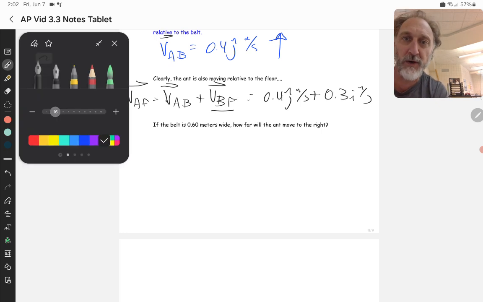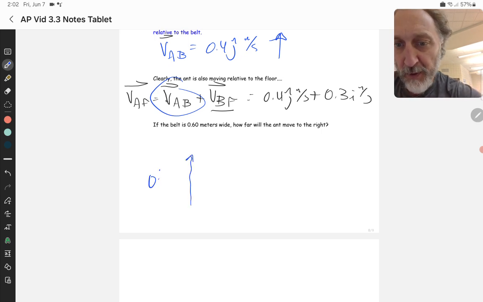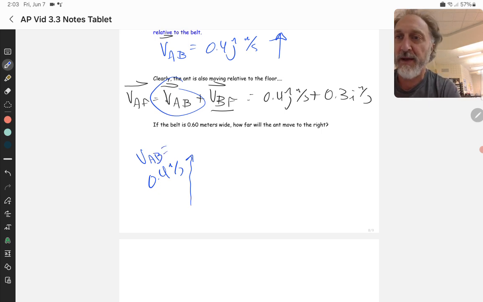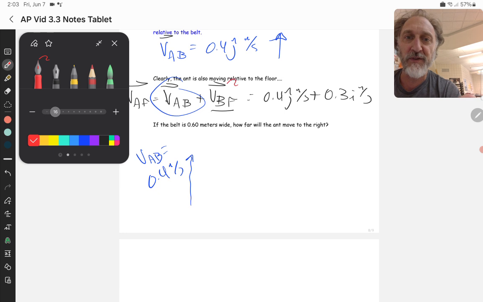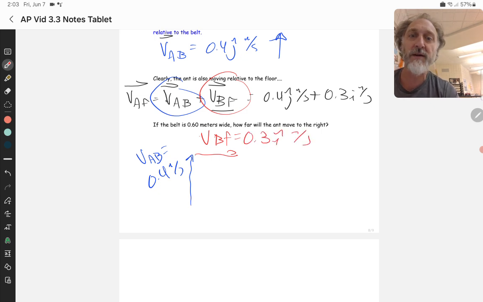So we're going to color code. The velocity of the ant relative to the belt, 0.4 meters a second, is the velocity of A relative to B. And then the velocity of the belt relative to the floor is 0.3 i. Notice those are head to tail.